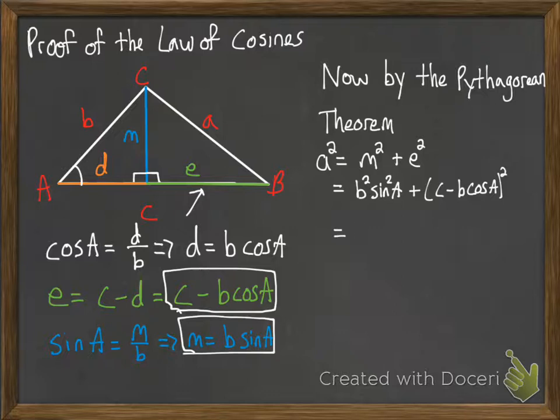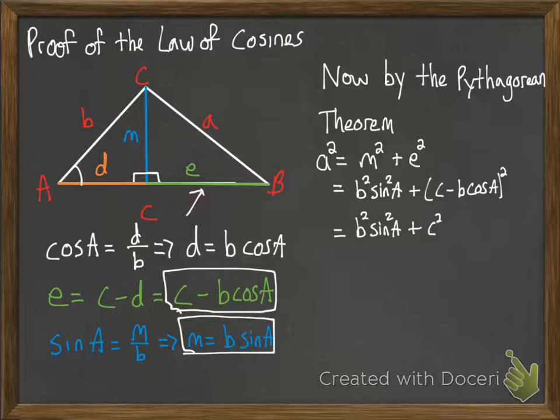And now we just start to work things out. So just rewriting that piece, I now have C minus B cosine of A squared. So I'm just going to multiply that out. I have C minus B cosine of A times C minus B cosine of A. When I do that, C times C will give me C squared.